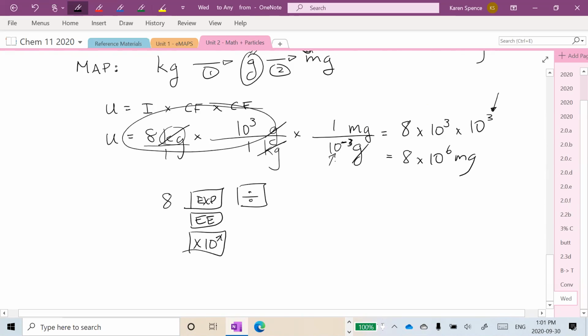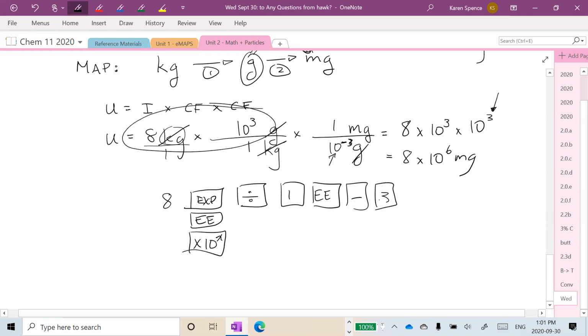So we want to divide by it. And in order to type in 10 to the negative 3, you would type in 1 EE or EXP or times 10 to the X negative 3. Okay? You type it into your calculator by typing in essentially 1 times 10 to the negative 3, which is what you're doing right here.